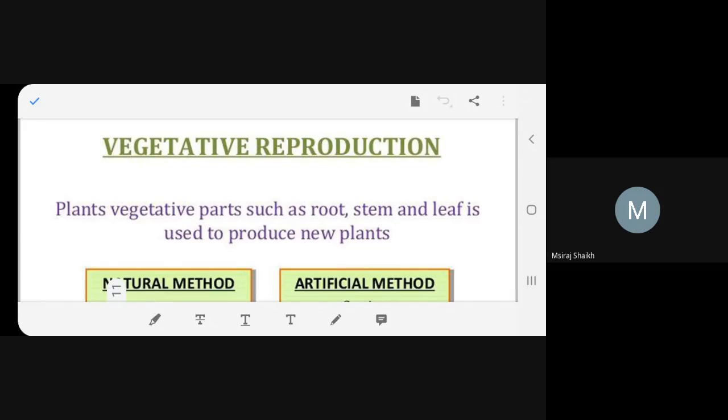Vegetative reproduction: plants' vegetative parts such as roots, stem, and leaves are used to produce a new plant. So it could be either root, stem, or leaf, which can become new plants.